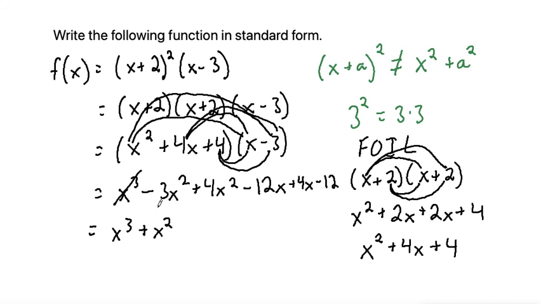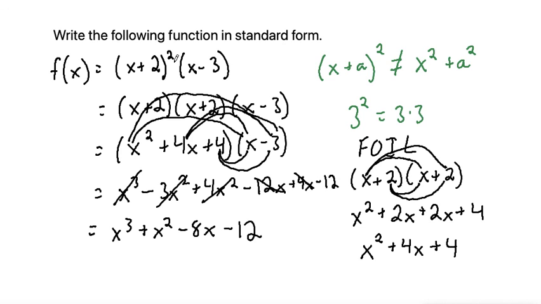Sometimes it's helpful to cross out the terms once you're finished with them to make sure you're keeping track of where you are. And then we have negative 12x plus 4x. So negative 12 plus 4 is negative 8. And we bring along the x. We're done with these terms. And now last we just have that negative 12. We don't have any other constant terms, so we bring it down.